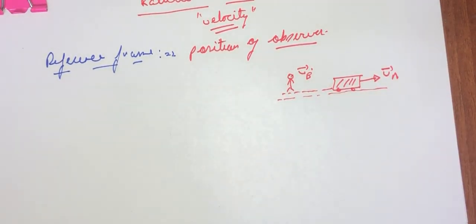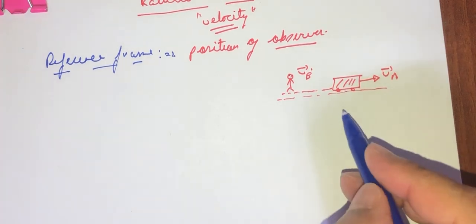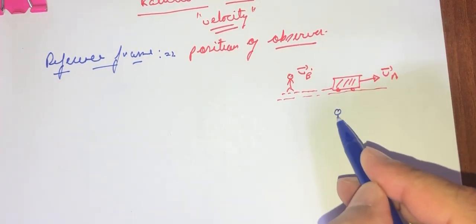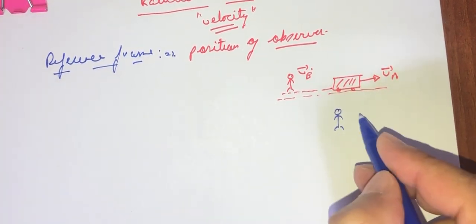In the first case, the observer is stationary and is standing at this position. This is the observer.